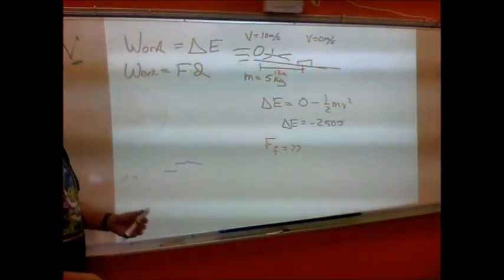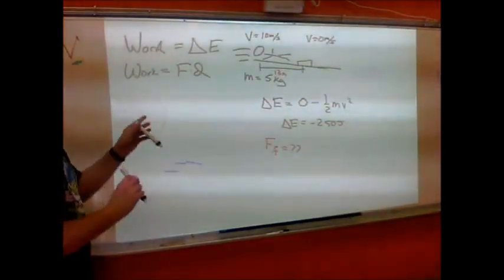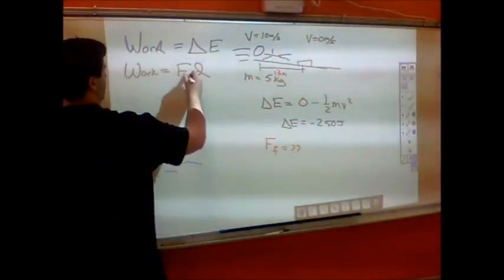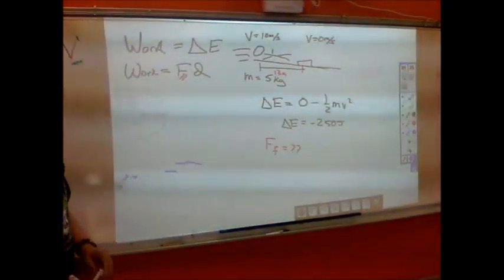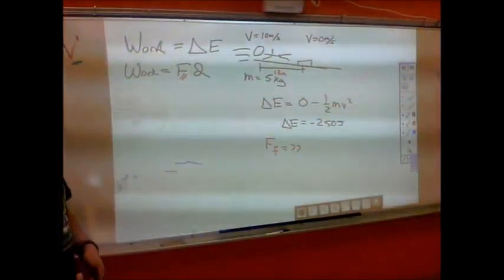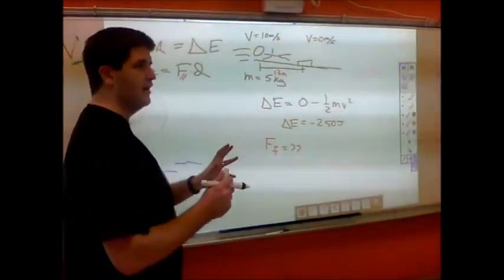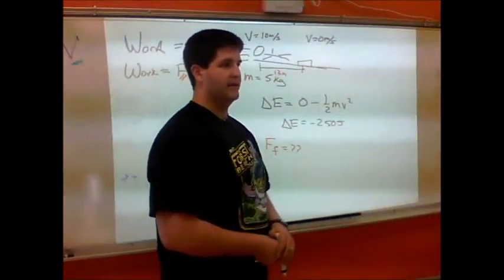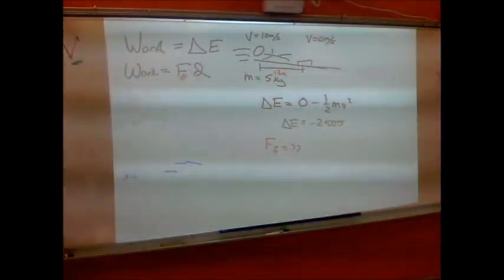So equal that to F times d. Now be careful though, because it is F parallel times distance. Now is friction parallel to the movement? Yeah. So then you can just use friction here. But if it wasn't, then you'd have to find the parallel component and then plug it into that. But in this case, it should be.